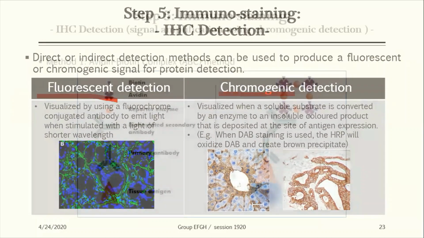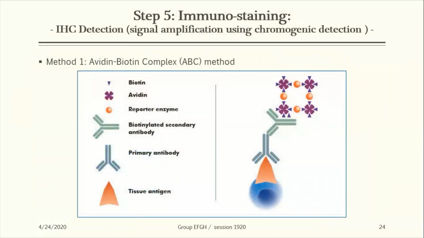Moving on, just to recap, IHC can be conducted with two methods: direct and indirect. For the direct method, there is only a single primary antibody binding to the antigen with a labeling agent.